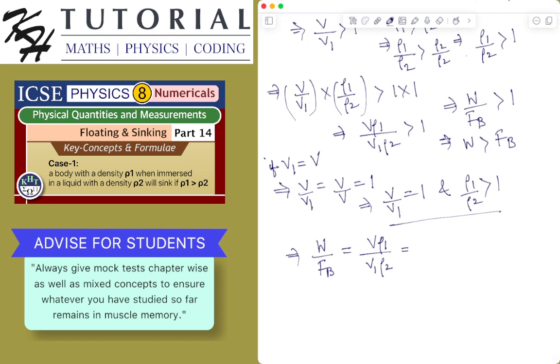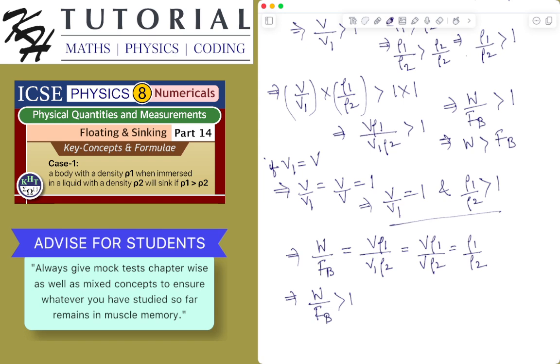Now, since V1 is equal to V, we have V rho 1 divided by V rho 2, which is equal to rho 1 by rho 2. Now, we know that rho 1 by rho 2 is greater than 1. So, this implies that W by FB will be greater than 1 even when V1 is equal to V, that is when the body is wholly immersed in the liquid.